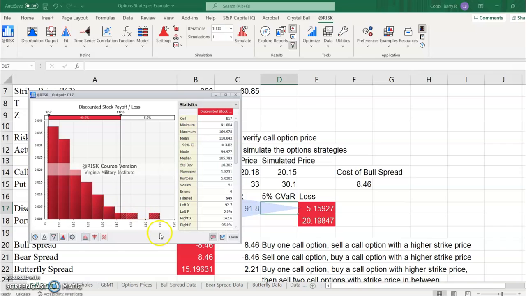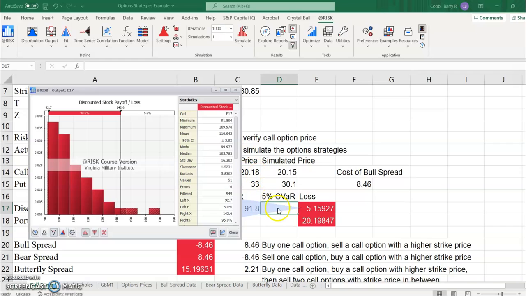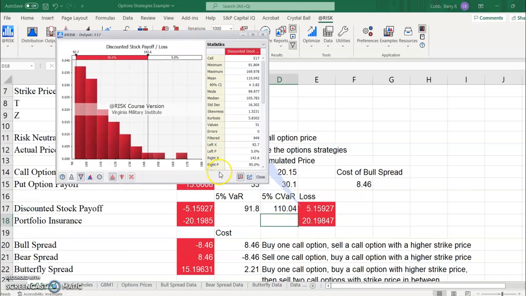And so this is the tail of the distribution. And we see that the mean of the values in this tail is $110.04. So that is the 5% conditional value at risk. So when the losses are really large, the average of those losses is about $110.